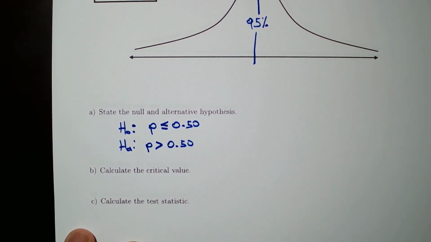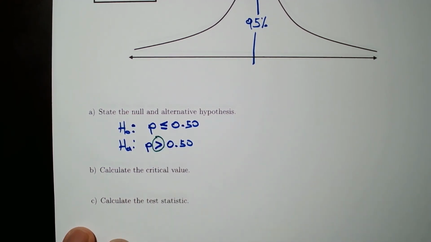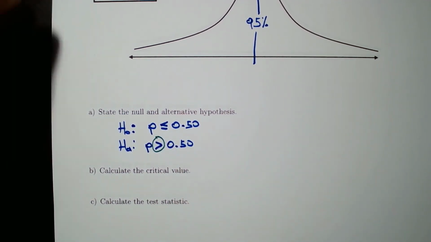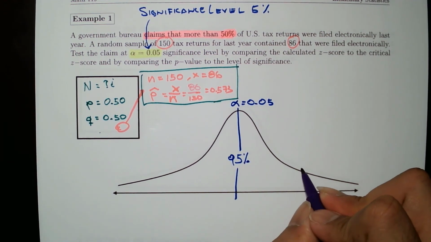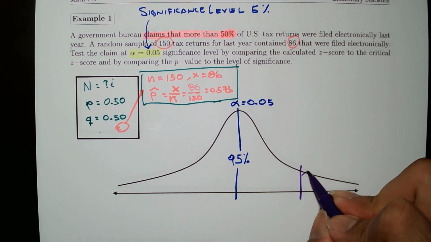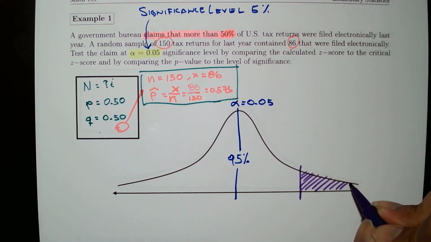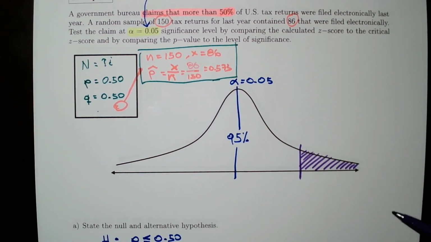Now look at the direction of this. It's pointing towards the positive side. So what are we going to do here? This is going to be a right-tailed test. Let me shade the right tail. This little bar will be a limit value, a bound.